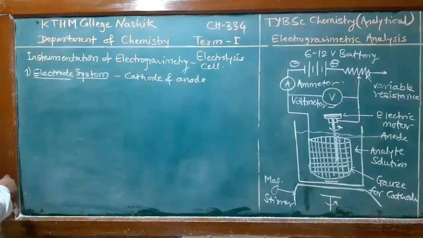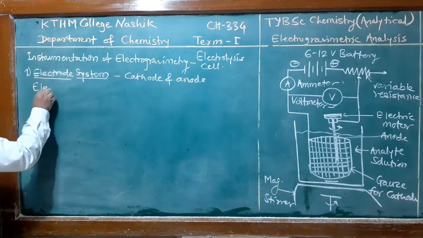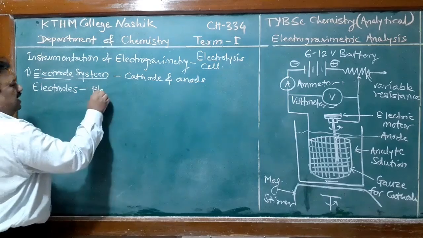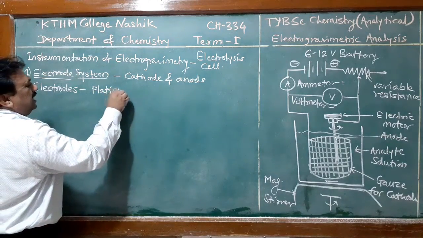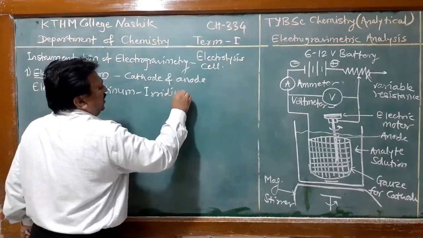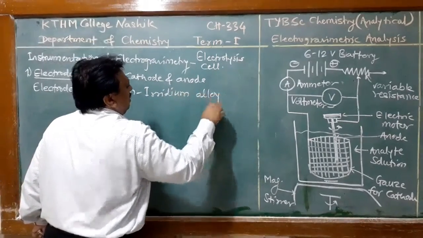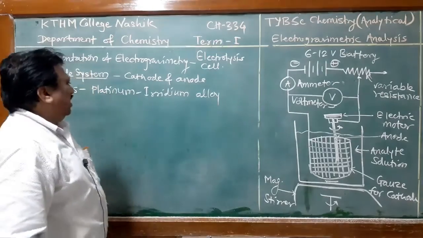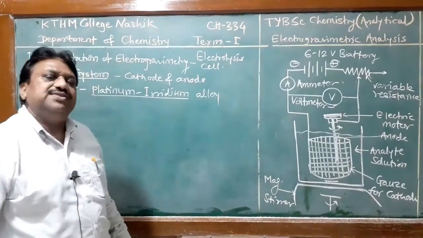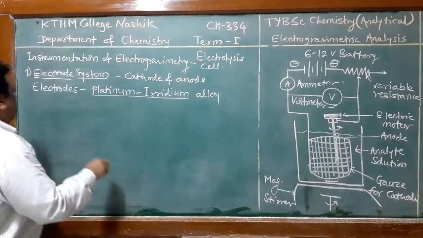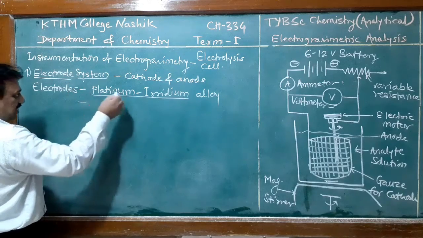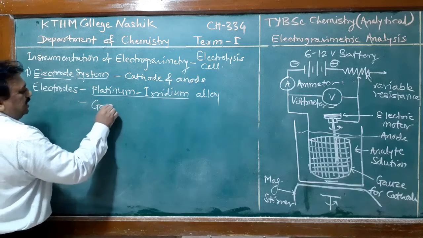Therefore, generally electrodes in the electrolysis cell are made using platinum or iridium alloy, because platinum is very inert, and generally a platinum iridium alloy is used for construction of the electrode.